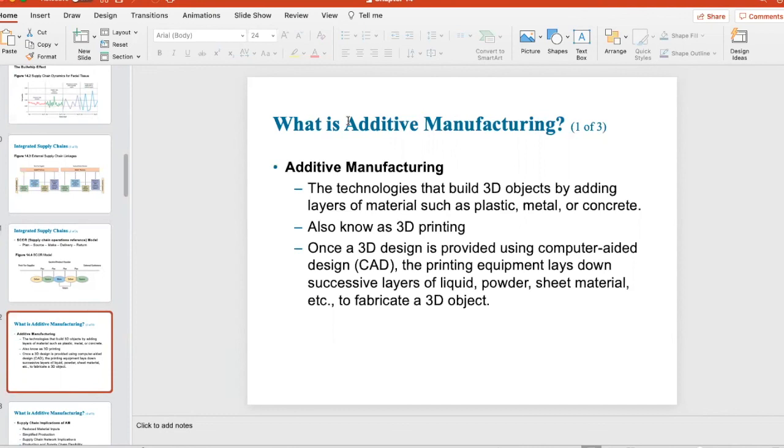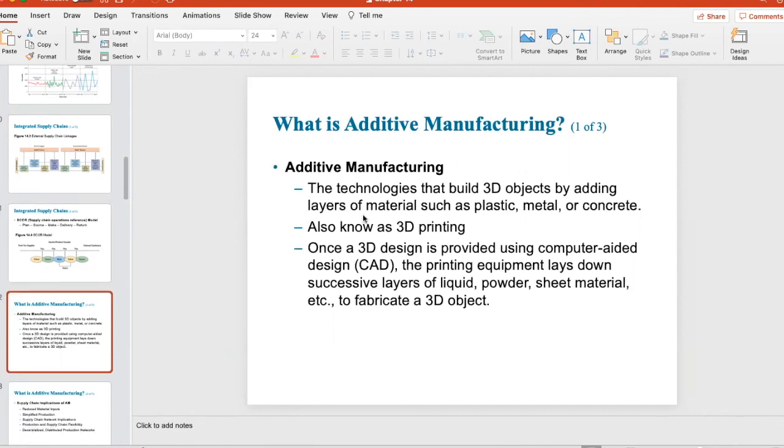The key idea of additive manufacturing is very simple. It basically refers to 3D printing. The 3D design is based on computer-aided design, and then we use printing equipment to lay down successive layers of liquid, powder, sheet material, or other materials in order to finally make the whole 3D object.